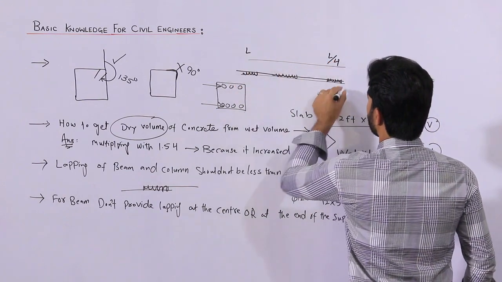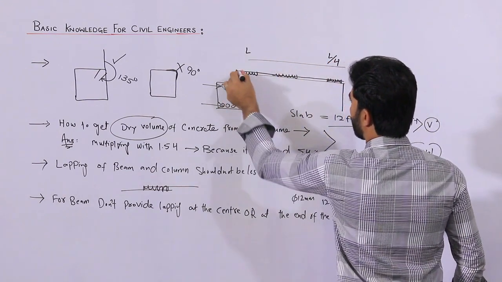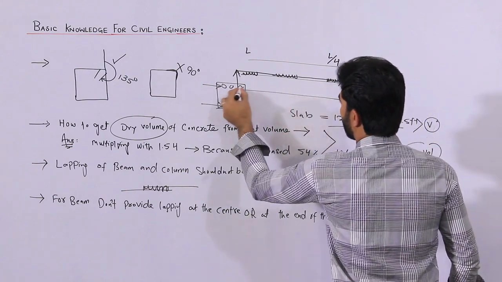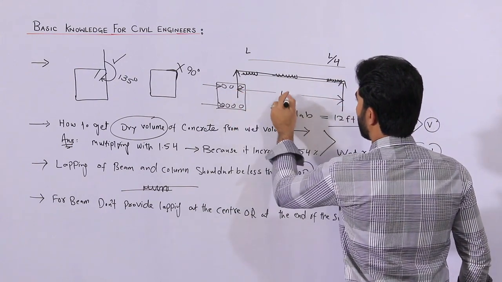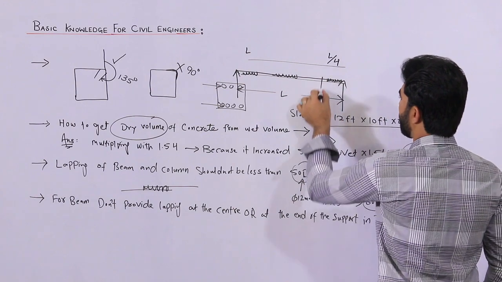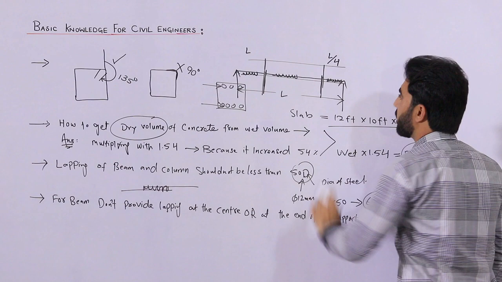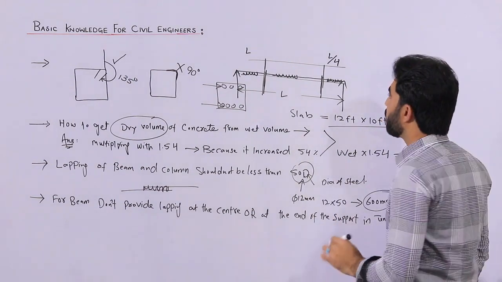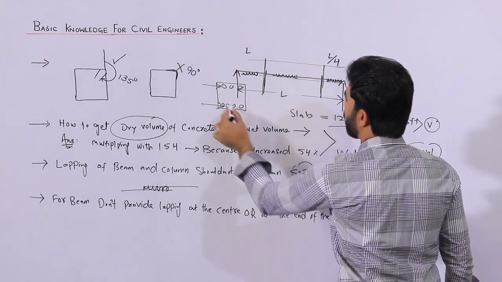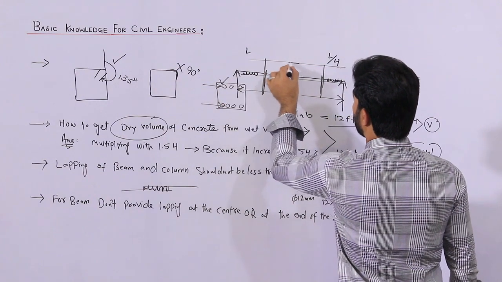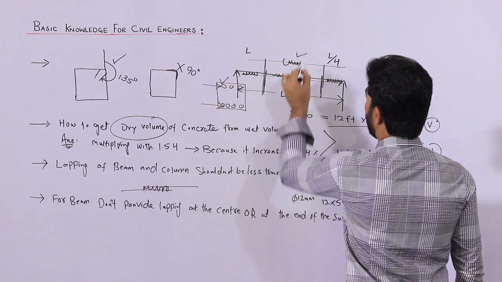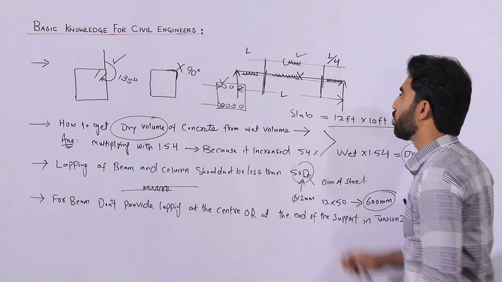L by 4 means this is one support and this is the other support, this is the total length, so L divided by 4. At this place and also at this place, don't provide lapping. But you can provide lapping in the top portion, even at the middle. So this is okay, but at the bottom, in the tension zone, don't provide it.